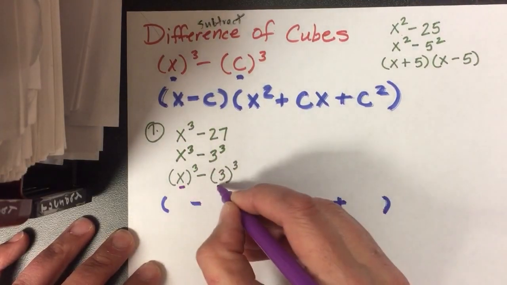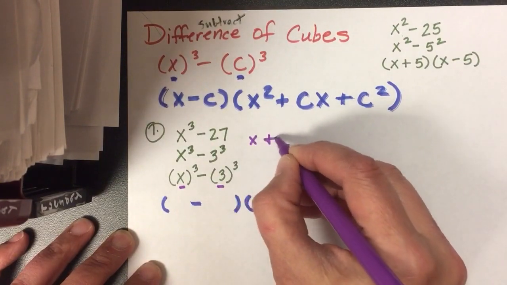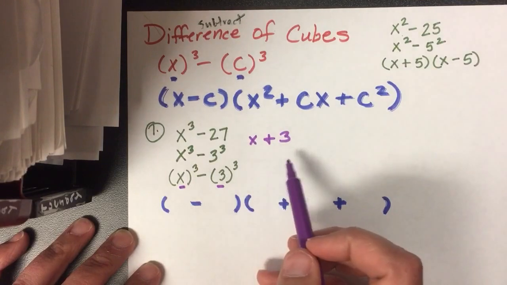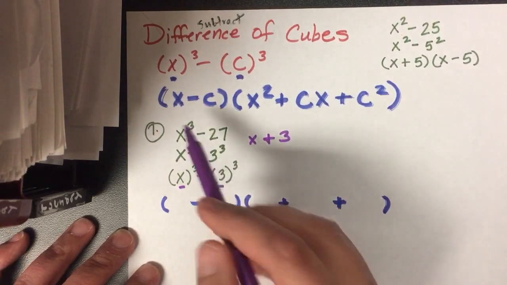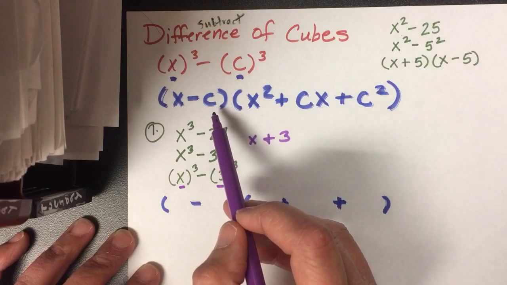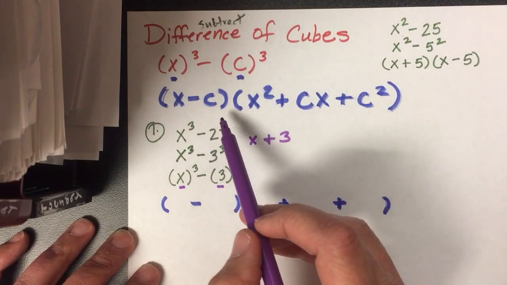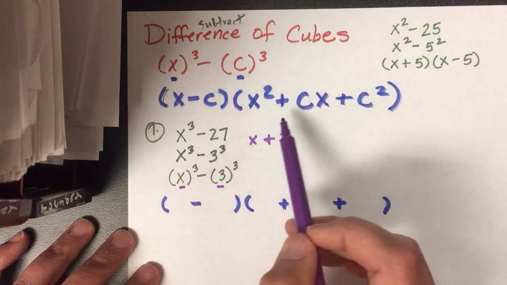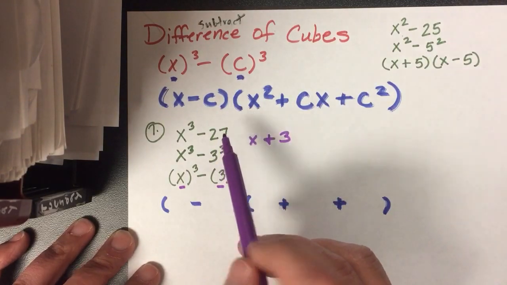Here my two bases are x and 3. So I'm going to follow this format and substitute the x and 3 into the equation for my two bases, x and c. And the reason we use c is because a lot of times when you see a difference of cubes, especially in cubics, the c is a constant term. It's usually a number. Not all the time, but most of the time that's what we see.